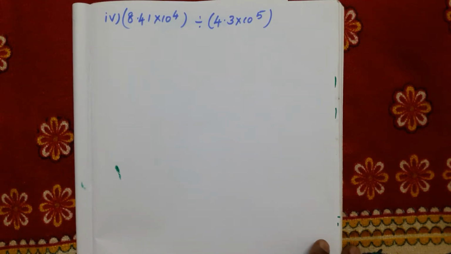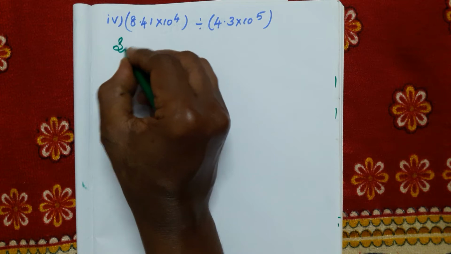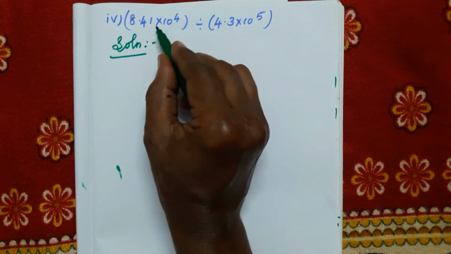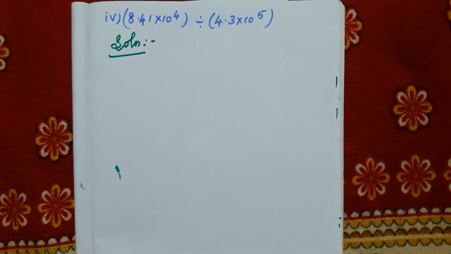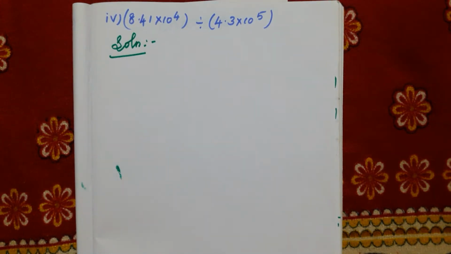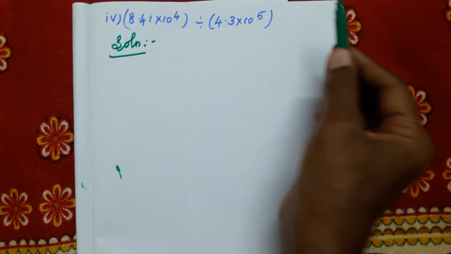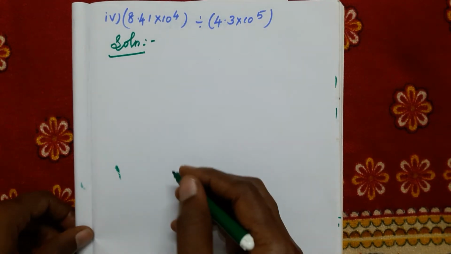Next, exercise 2.9, fifth one, fourth problem. 8.41 into 10 power 4 divided by 4.3 into 10 power 5. Here also the indices are not equal. If they are not equal, we can also divide.